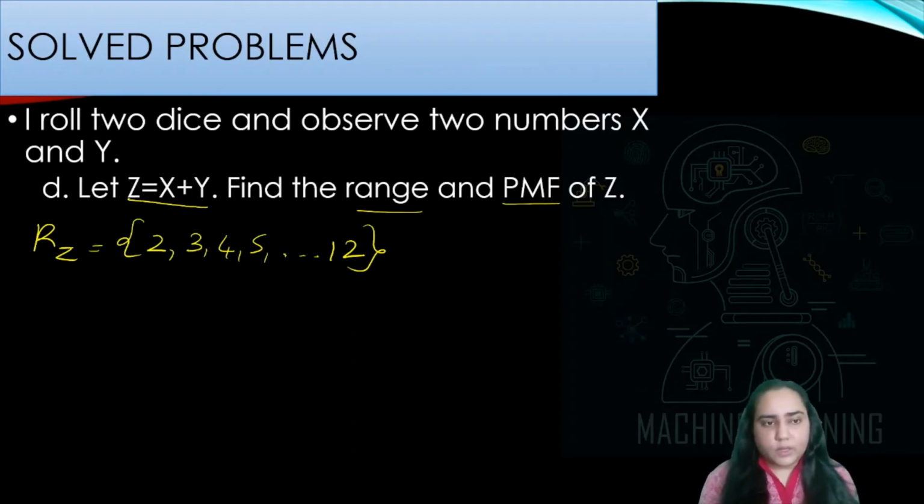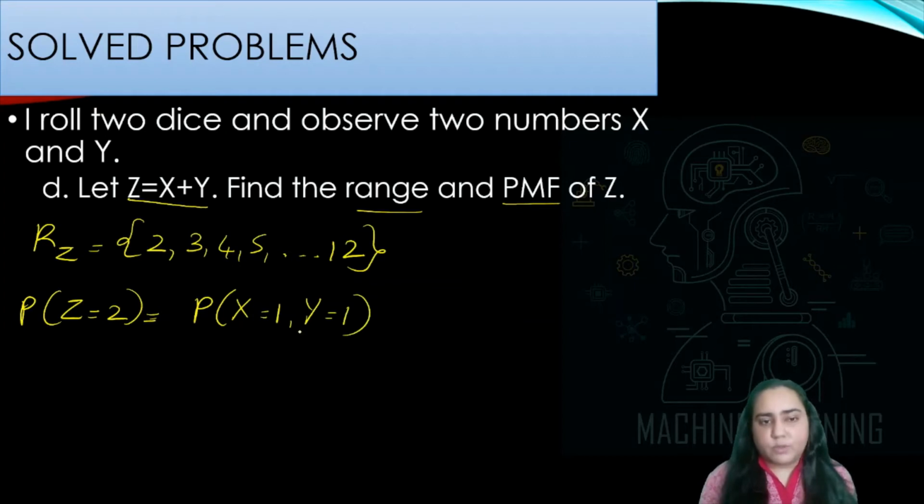Now, how to do that? First, let's calculate the probability of z being 2. When can z actually be 2? z can be 2 when you have x equal to 1 and y equal to 1, which means you have to calculate the combined probabilities of x equal to 1 and y equal to 1.